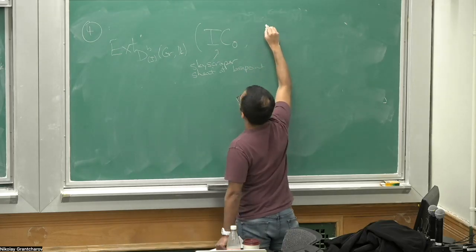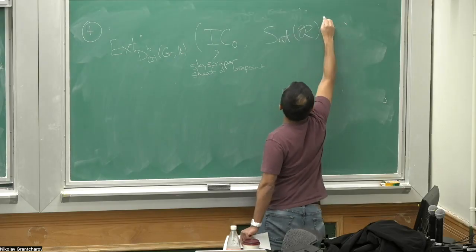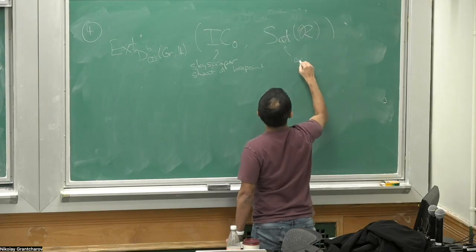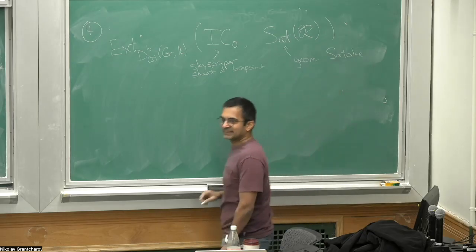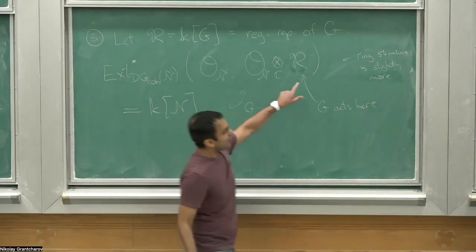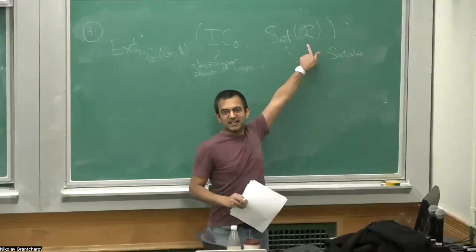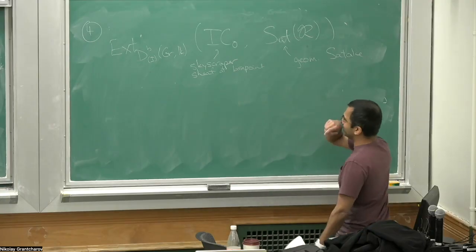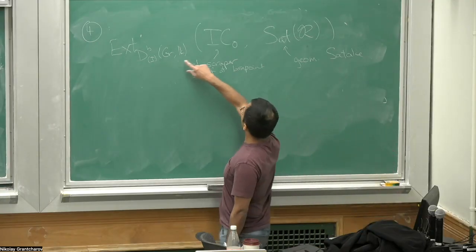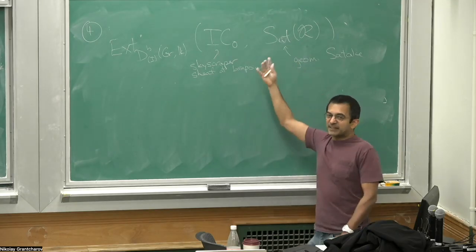And then the other thing I want to take is the image of R under geometric Satake. So this is slightly sloppy in the same way as this. R is not finite dimensional, it's some union of finite dimensional things. So this Satake of R is not a perverse sheaf, it's an ind-perverse sheaf. But that's okay. It turns out that this Ext thing is finite dimensional in each degree.